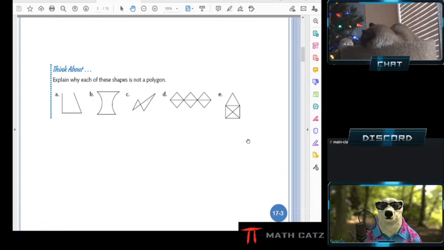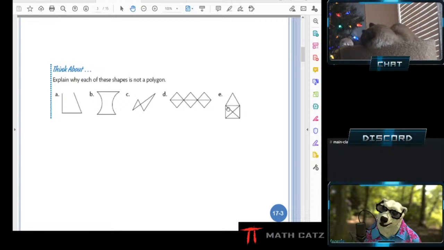Our introduction is going to start with the simplest shapes that have the most structure that we can build on and understand. And these are too fancy. So polygons are the starting point. D as well, many crossings and many things here that make it not a polygon. And E, you have a crossing there.